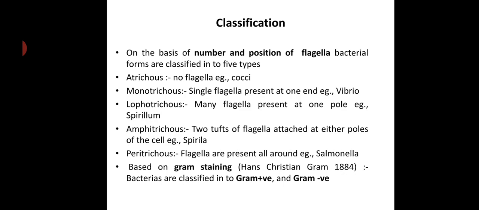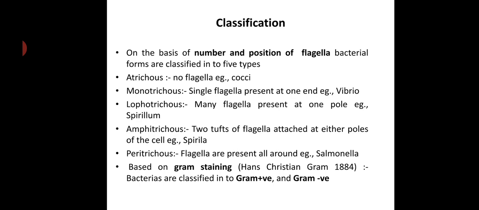On the other hand, the other classification of bacteria is based on the number and position of flagella into 5 types. That is Atrichous. In this case, flagella is absent, no flagella. Example, Coccus.